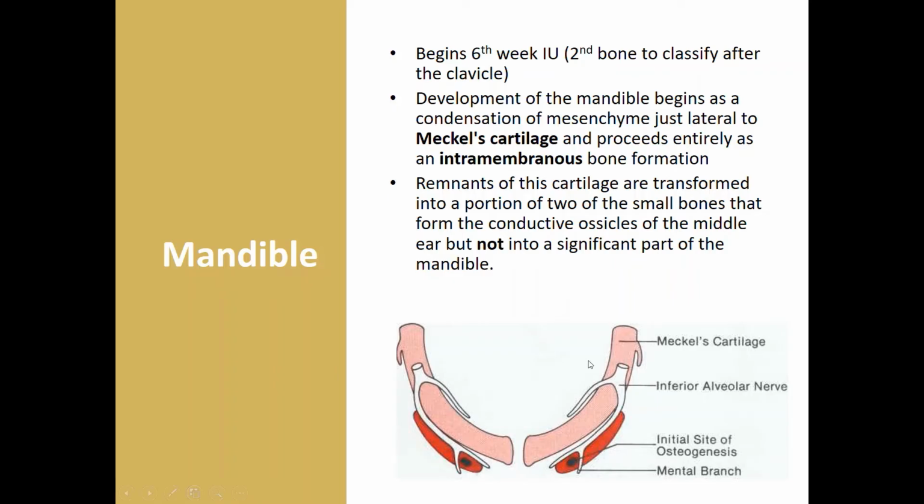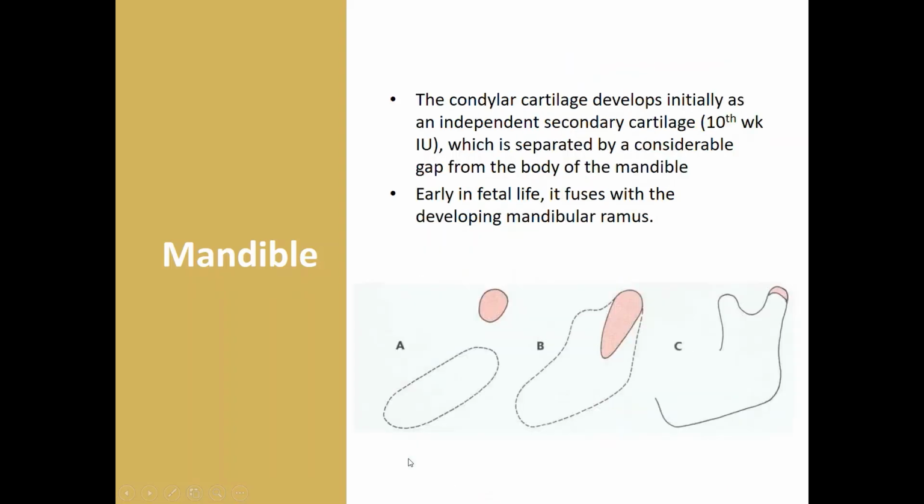Okay, so these are the initial sites of bone formation, and that will be the start of the formation of the body, and a little bit of the angle of the mandible, maybe a little bit of the ramus, but the condyle will start to form much later, at about the 10th week intrauterine, with condensation of cells that will form cartilage, and this type of cartilage is a secondary cartilage.